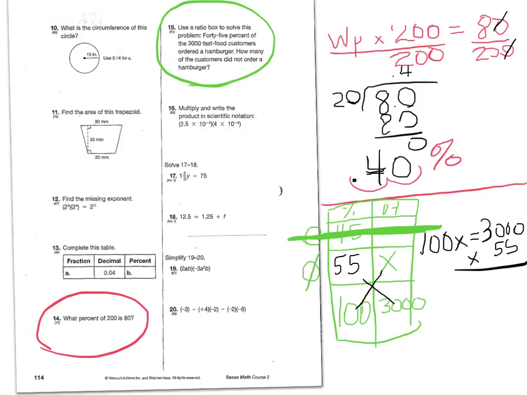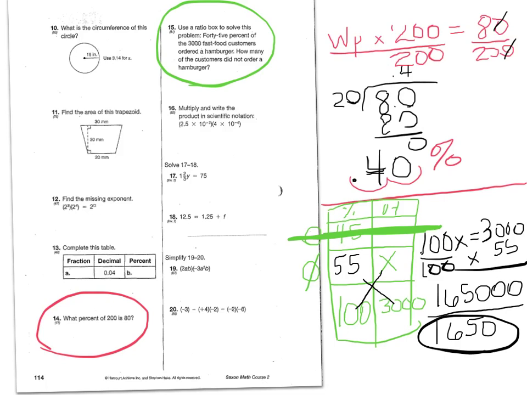You're going to end up with 165,000, but you have to divide that by 100 from over here, and you're going to end up with 1,650 customers, and that's what's going to go right there.